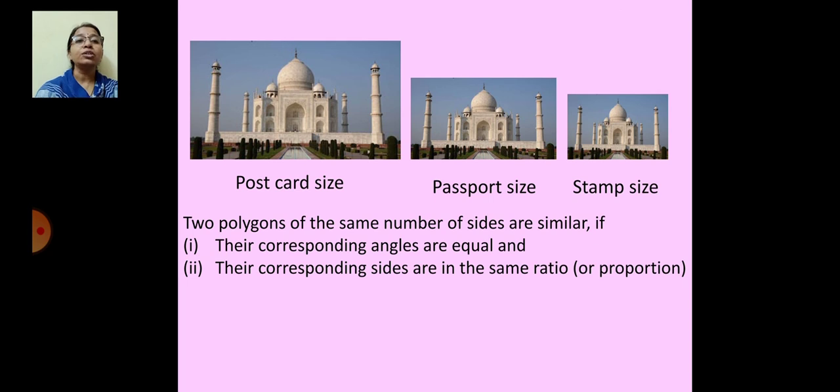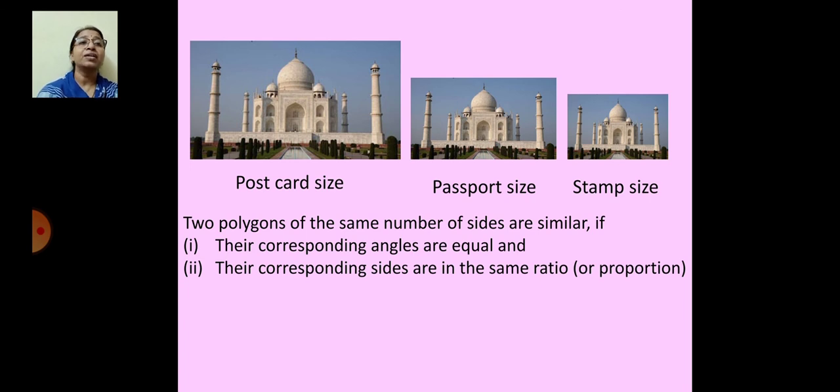Two polygons of the same number of sides are similar if their corresponding angles are equal and their corresponding sides are in the same ratio, equal ratio or proportion. These are all similar terms, the meaning is the same. If the ratio is equal throughout, that means the sides are in proportion.